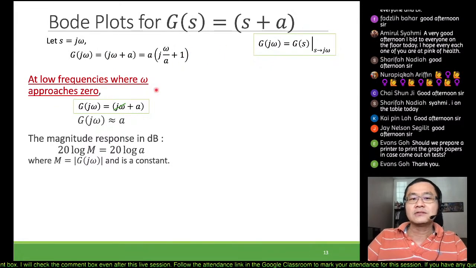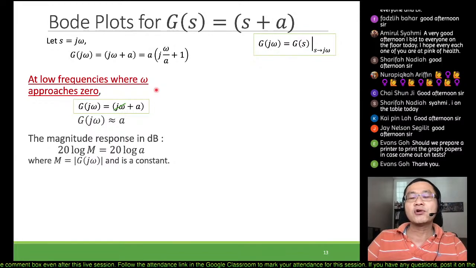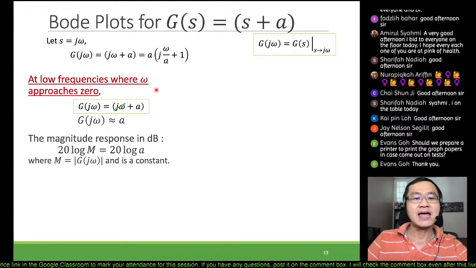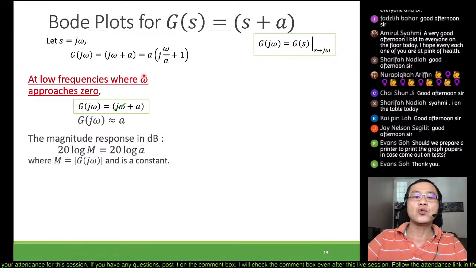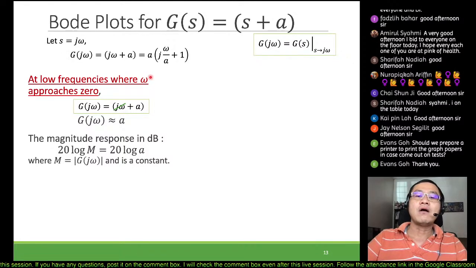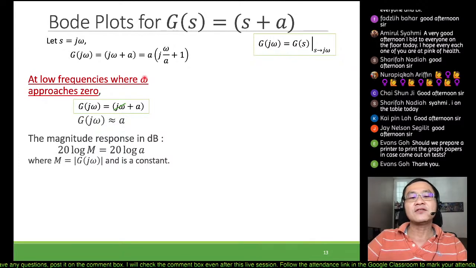Now in the frequency response, we will analyze from low frequency to high frequency. So we start with a low frequency, where omega is near zero. It can be 0.0001, 0.01 and so on.